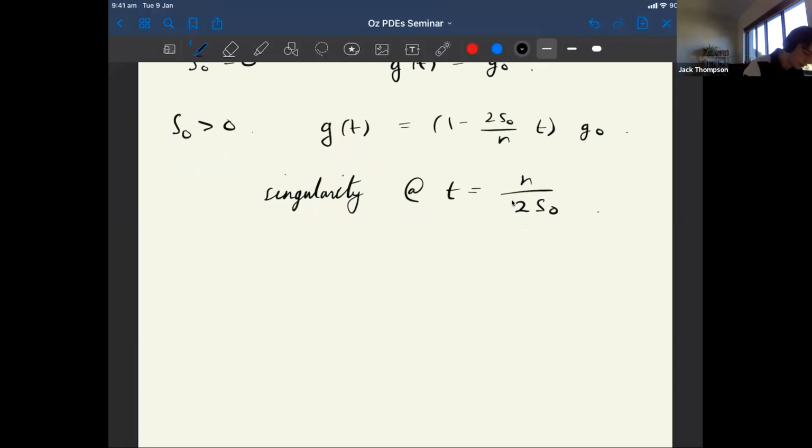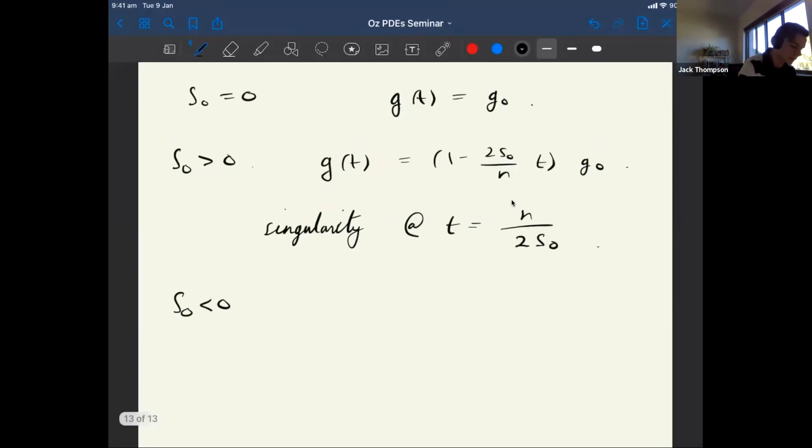Now the last case is if S naught is negative, in which case the manifold expands. So this whole quantity here is getting bigger and bigger, so our manifold expands.